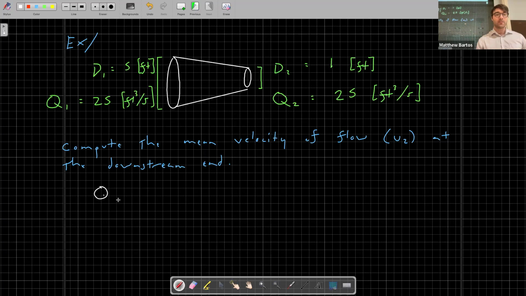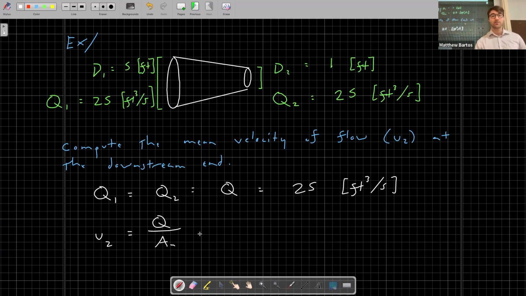So we have Q1 is equal to Q2 is equal to Q, which is equal to 25 cubic feet per second. So then the velocity of flow at the downstream end is just going to be U2 is equal to Q divided by A2.